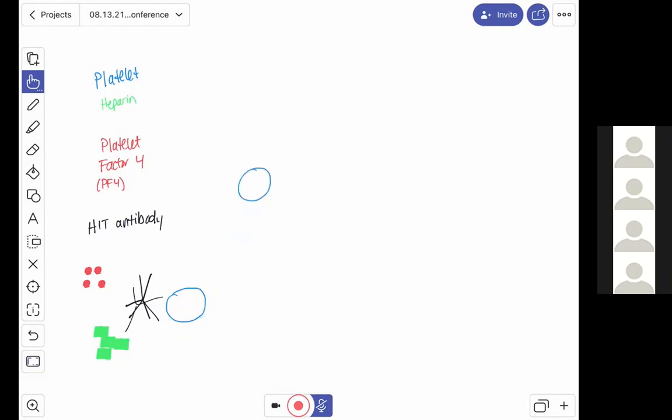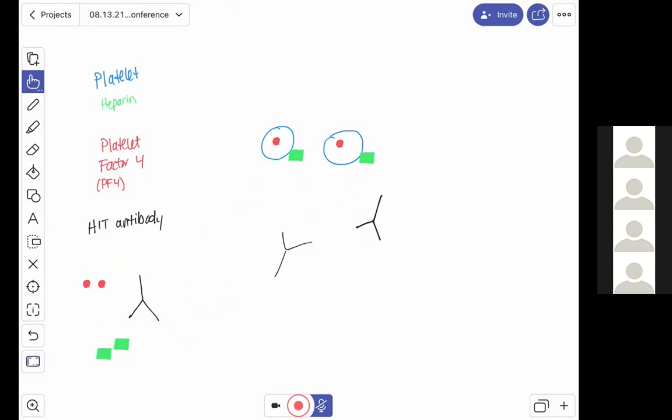So the way it works is that you have your platelets, hanging out. Platelet factor 4 normally stays inside the cells until the platelet is activated. For this particular patient, he was on Lovenox for DVT prophylaxis, so he has some heparin floating around in his body. And he has these antibodies that are also hanging out.